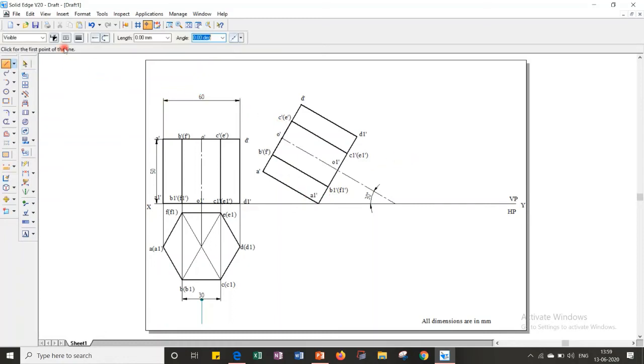Next, vertical projection from all the points. Project vertical lines from every point.